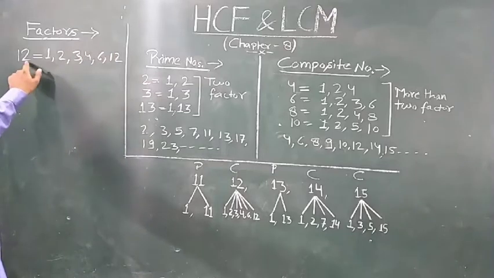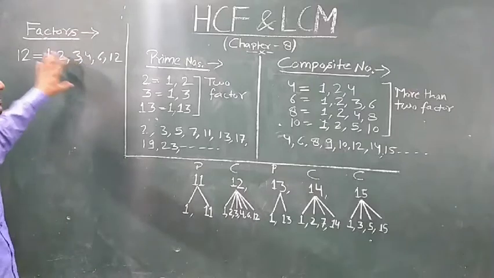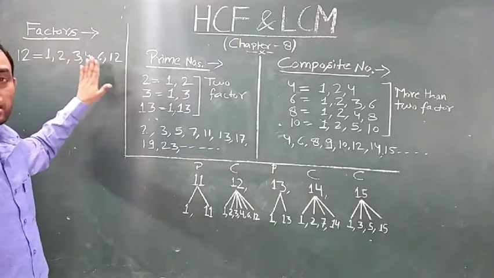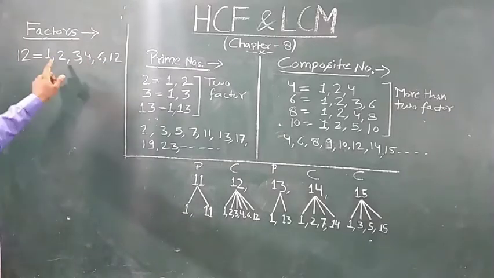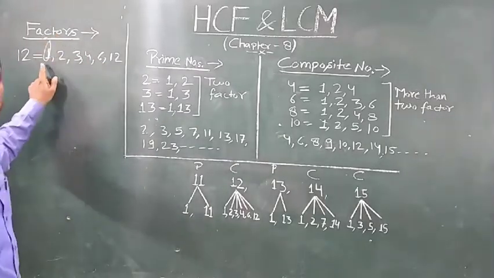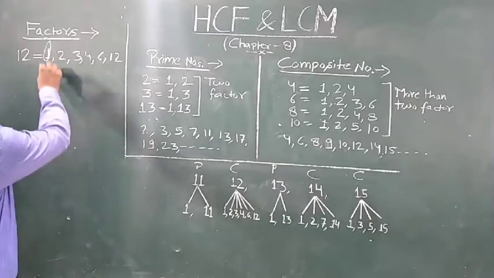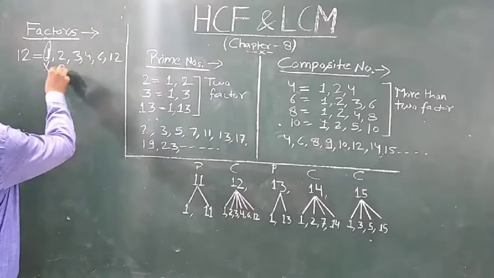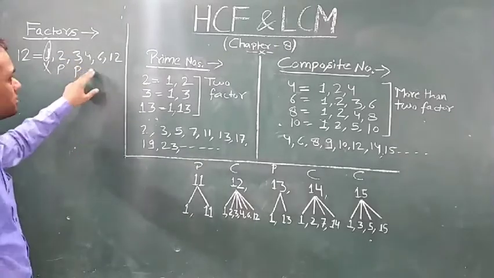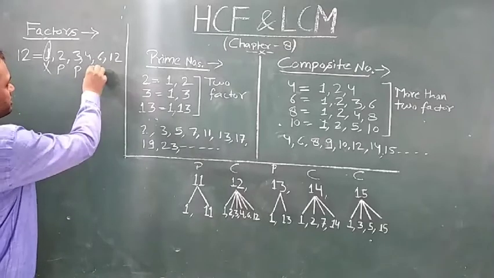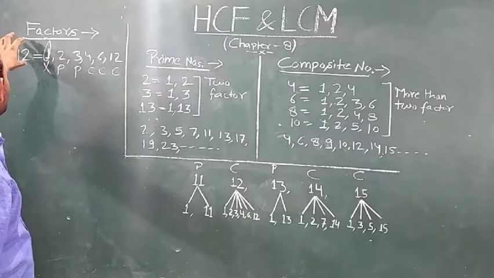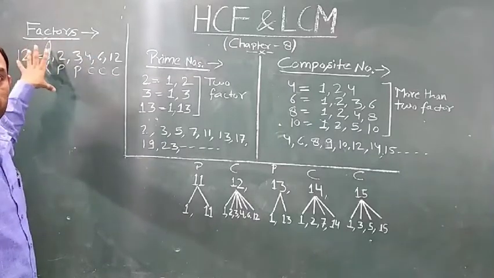Among these factors, both prime and composite factors are there. 1 is neither prime nor composite. 2 is a prime factor. 3 is a prime factor. 4, 6 and 12 are composite factors, and all these prime and composite factors are parts of 12.